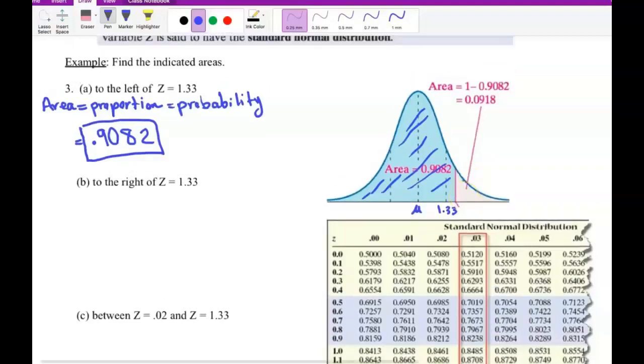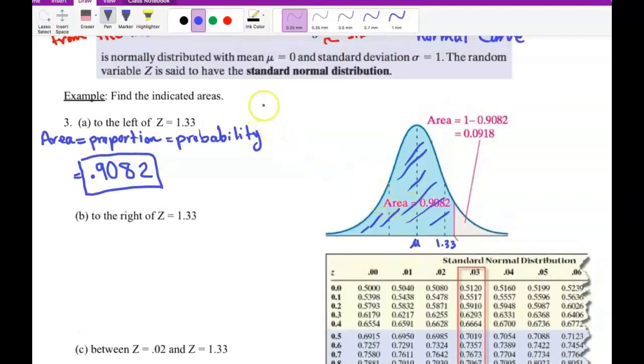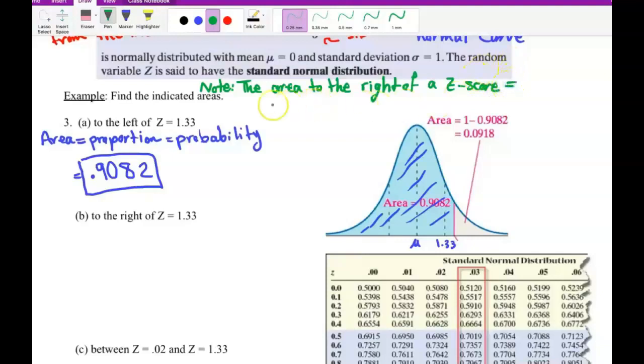The area to the right of the z-score is equal to 1 minus the area to the left of the z-score, since the total area is 1 or 100%.